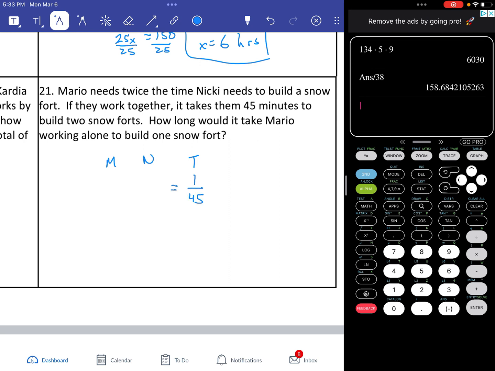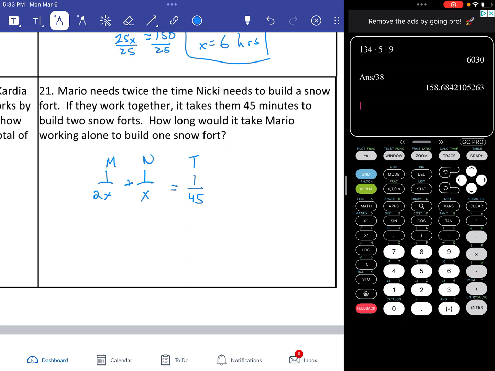How long would it take Mario to build a snow fort working alone? So Mario needs twice the time as Nikki does. So if Nikki's time is x, because we don't know what it is, Mario's time is twice as much as Nikki's, so we put 2x. Okay. So now we solve.